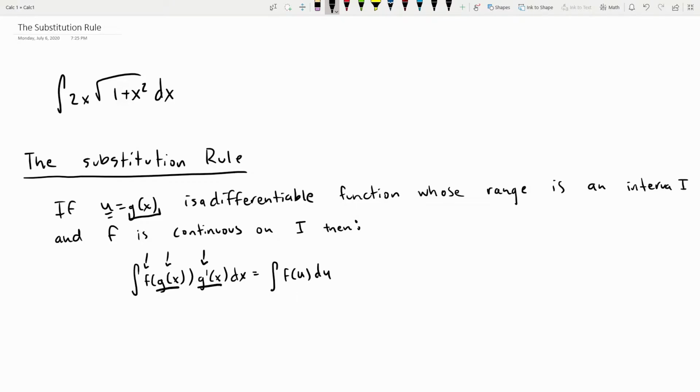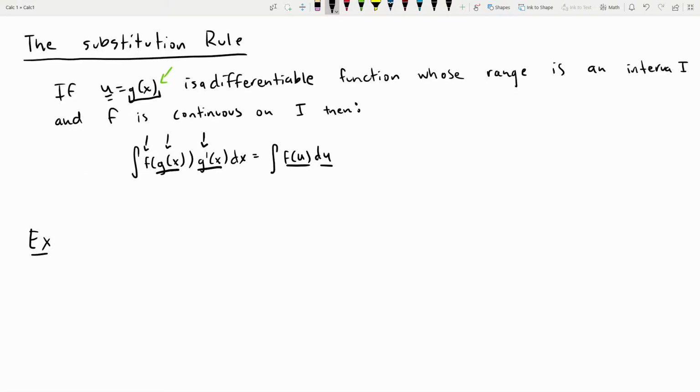If this condition is met, where we have this composition of functions, and on the outside we have the derivative of the inner function, then we can simply say that this is equivalent to the integral of f of u du. Now let's not forget that u is up here. This is what u is. So u is that inner function.